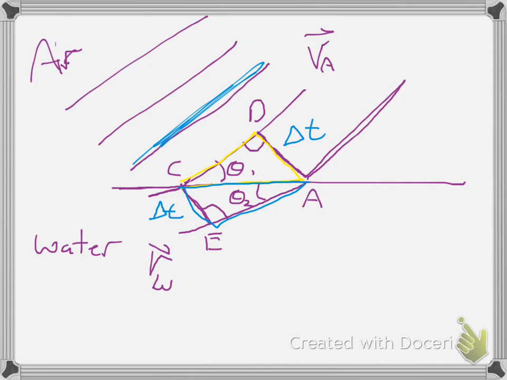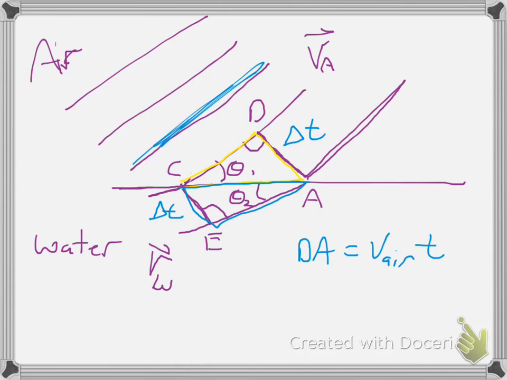So let's define a couple of things. We could say the velocity of the wave is equal to the change in distance, or displacement, over the change in time. The distance that it moved from D to A is equal to the velocity in air times the time.